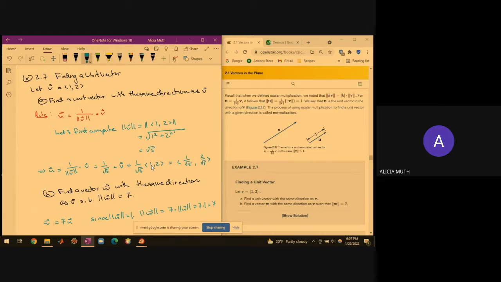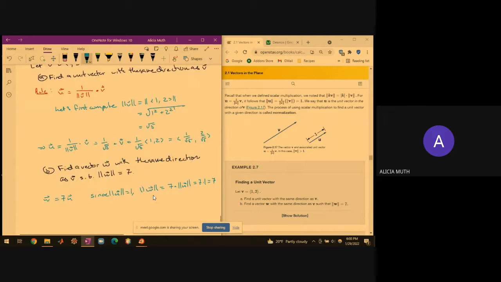So this is all we have to do. And since the direction of u is equal to the direction of v, we know that the direction of w is going to be the same as well.